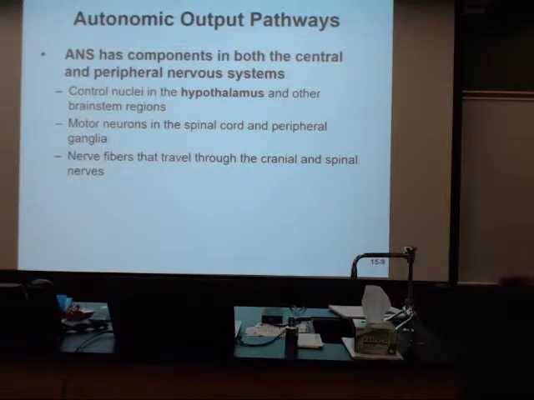Control nuclei in the hypothalamus and other brain stem regions. Let's take a peek at this.